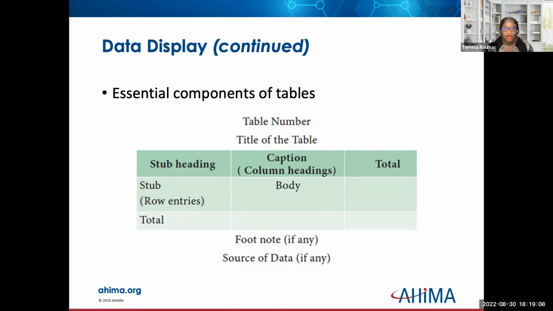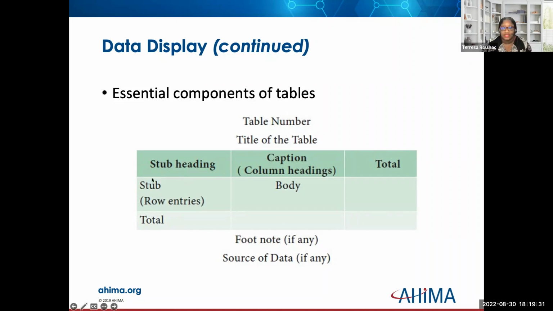You may have a head note or a short explanatory note that applies to the values in the table, just like right under the table. Your caption. This is going to refer to the headings of the columns, something brief and something that can be explained by just looking at it. So it's self-explanatory.